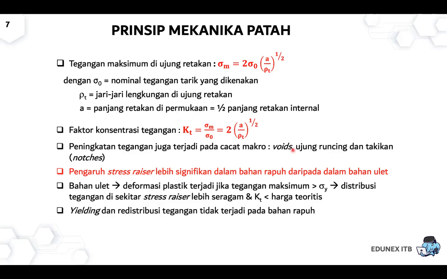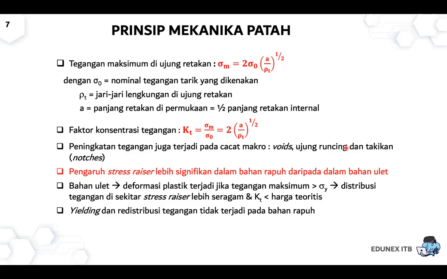If we have equipment with a lot of sharp flaws, ujung runcing, voids, internal cracks, retakan internal, or notches, then there would be a lot of stress raisers as well.